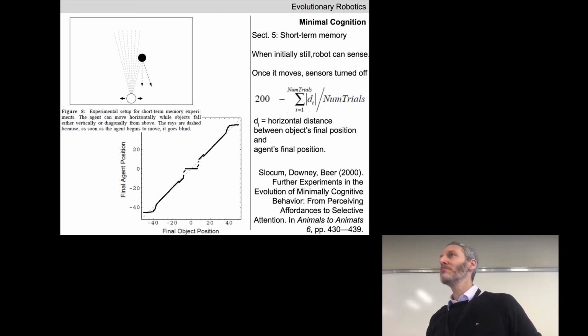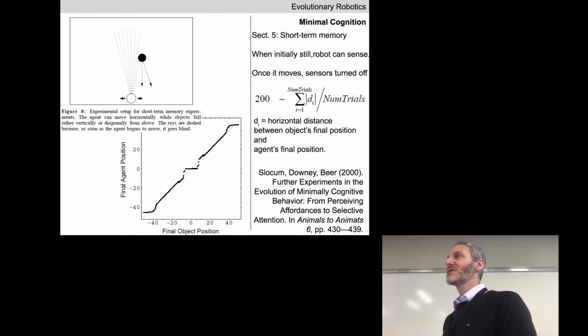So the robot needs to be there when the object hits the ground. So not only does it need to figure out and then remember where the object is heading and when it's going to hit the ground, but it's got to use that information to set its own movement pattern to be there when that happens.